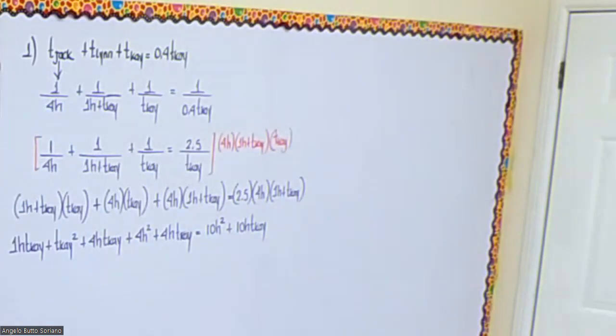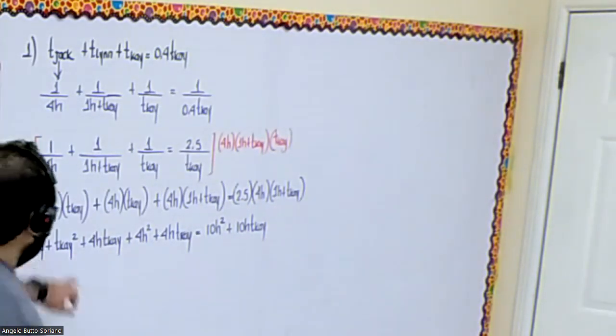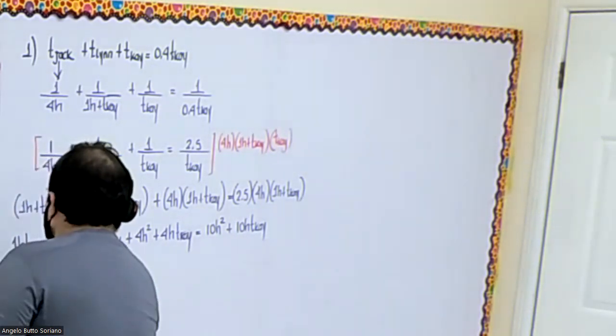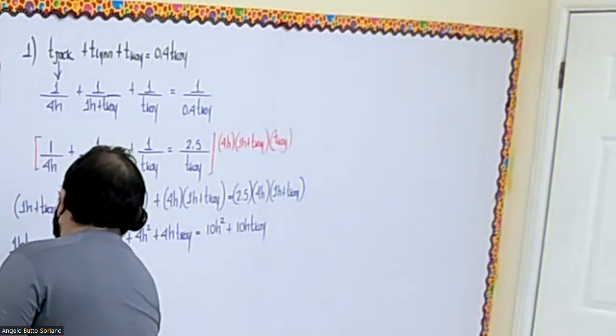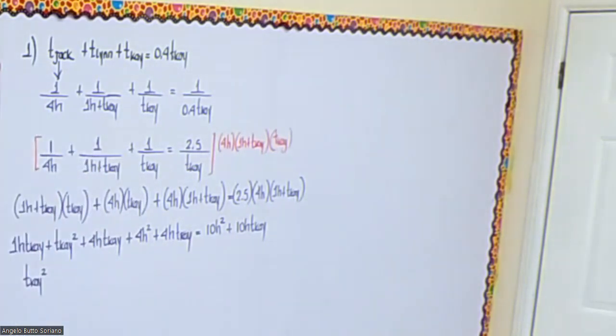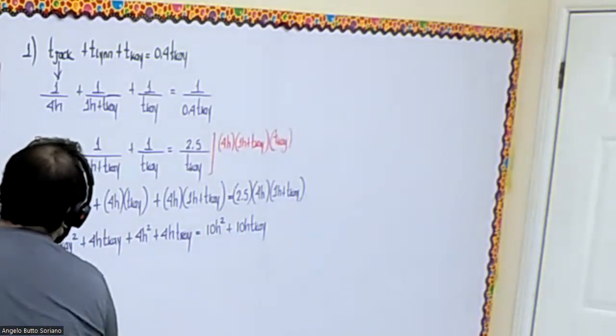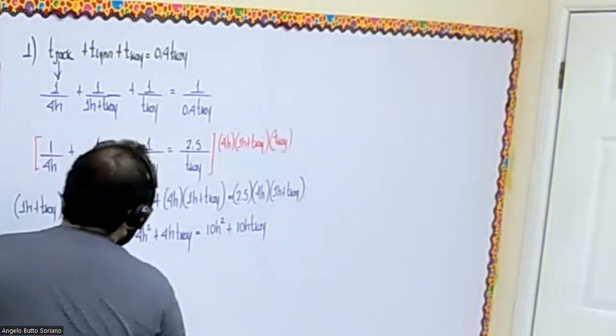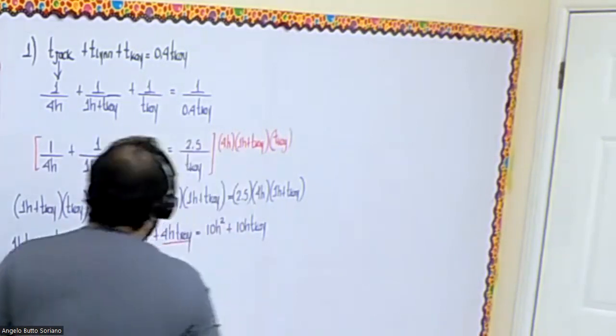Continue. Let's try to reduce this beautiful system of equations. For example, we got the period of time of chi second power. Okay, let's combine like terms if we have. Let's see. We have a 1 hour. This is a like term with this one and a like term with this one, right?